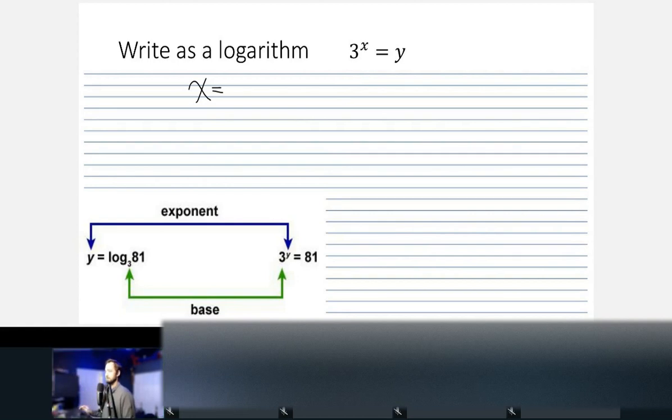And then, so we got that exponent, the x equals, and then we're going to have log base. Now the base is going to be the base of the original exponent form, so 3. So log base 3. And then lastly, the log of the number is going to be, well, what the original equaled, which is y. So not difficult.